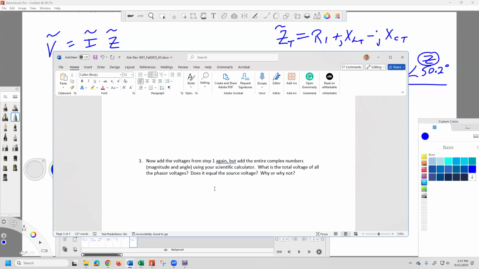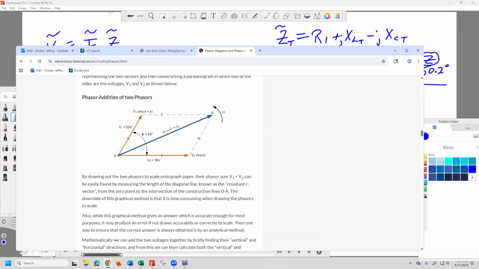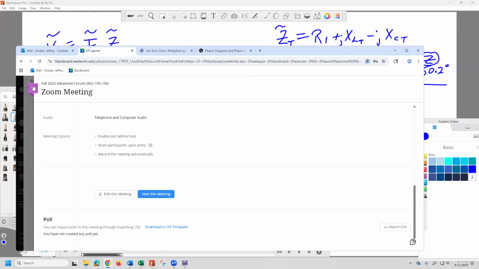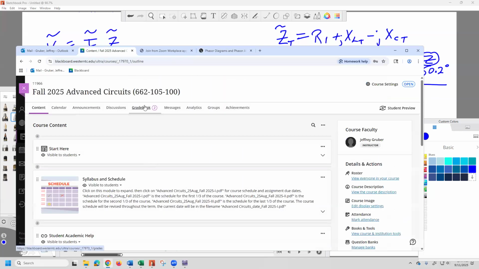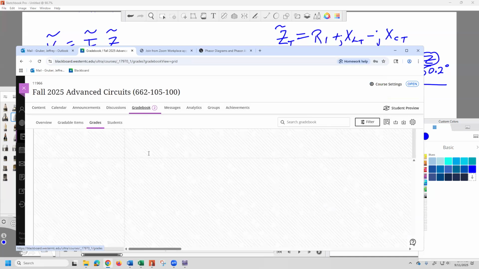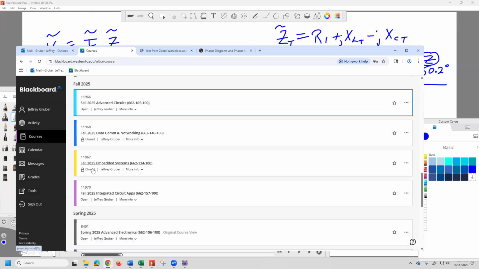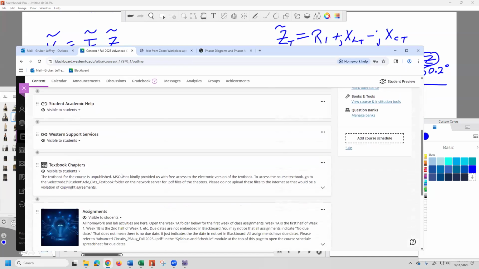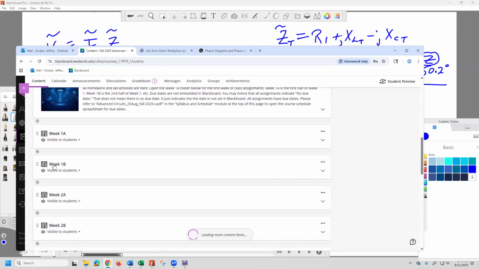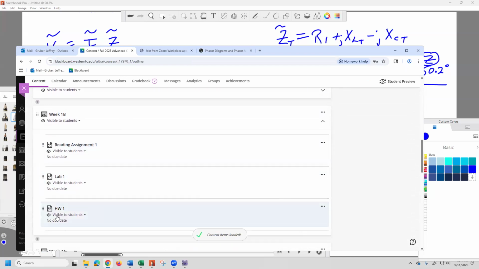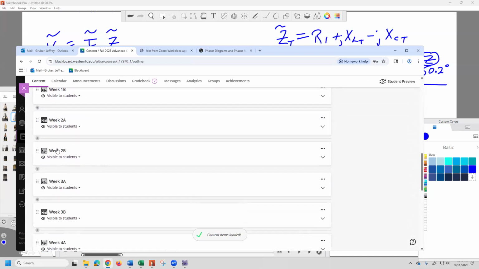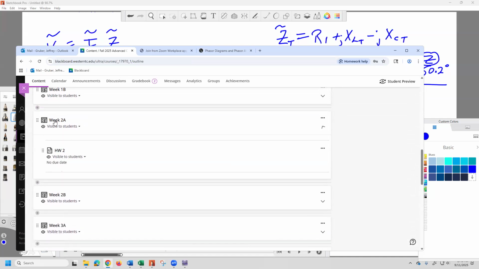It is worth points. Let me look. Let's look in Blackboard. I forgot how many points it's worth. You used to be able to tell by looking at the week 2, week 2A.